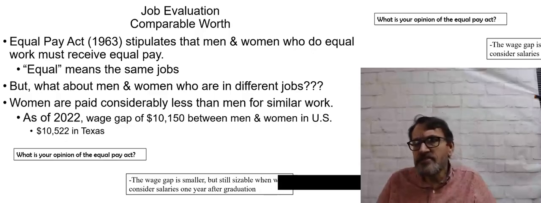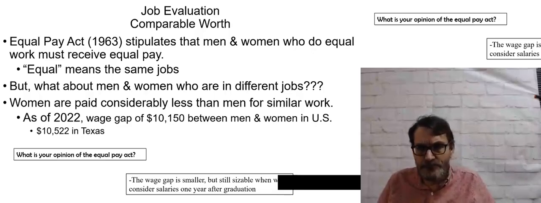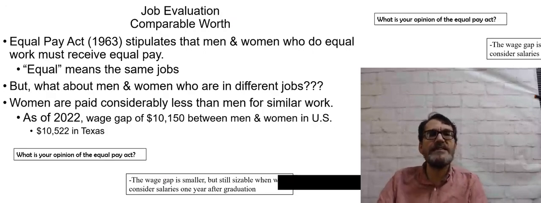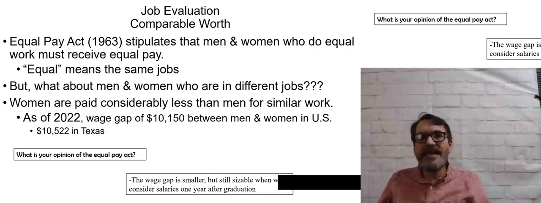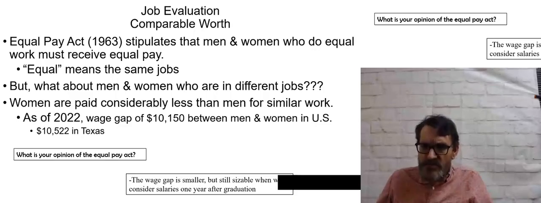The Equal Pay Act of 1963 was an early attempt to shrink the wage gap. It says men and women who do equal work should receive equal pay. But equal is really not as simple as it sounds.